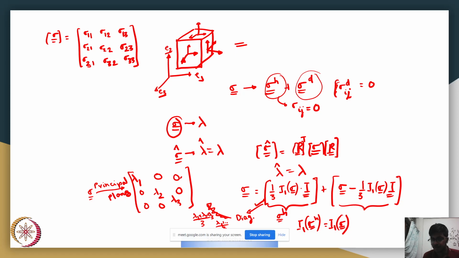Whereas for this matrix, if I rename it as sigma d and look at its stress invariant, it is nothing but 0. So we essentially say that we do some unknown rotation transformation R, which will convert the diagonal terms here to 0.